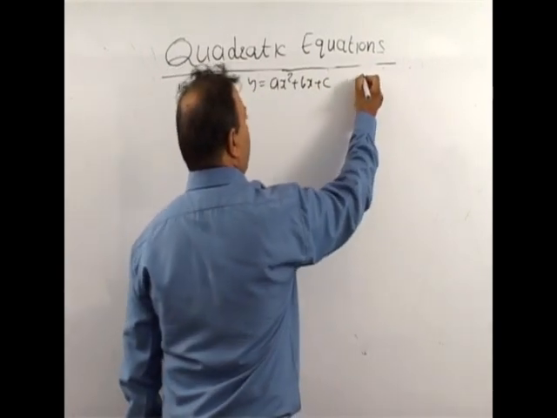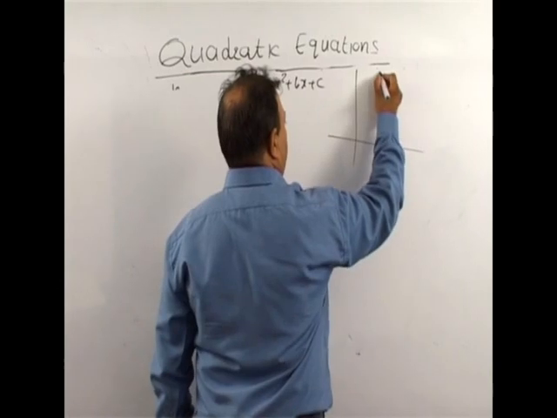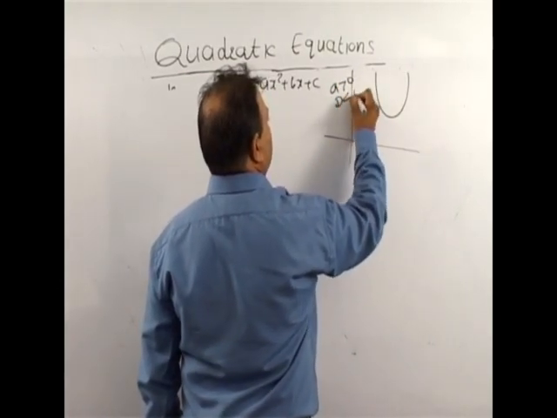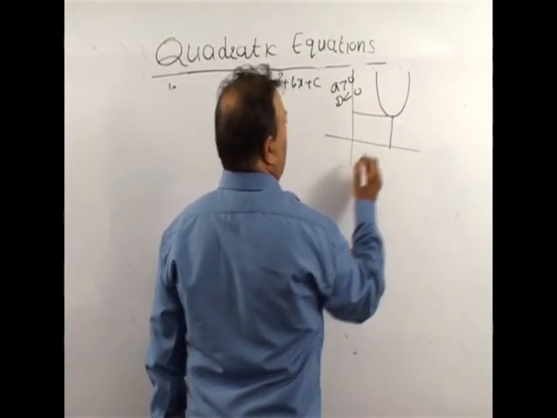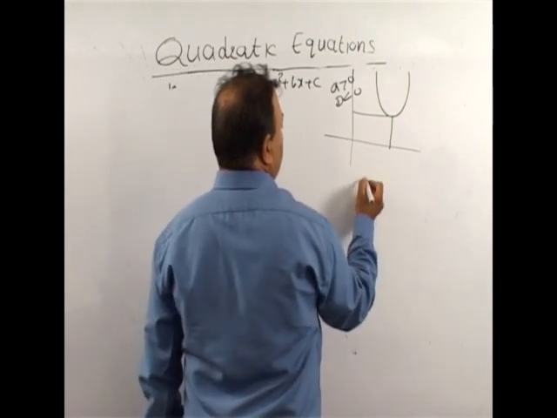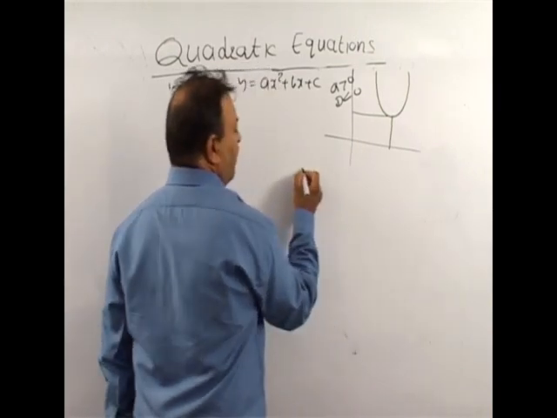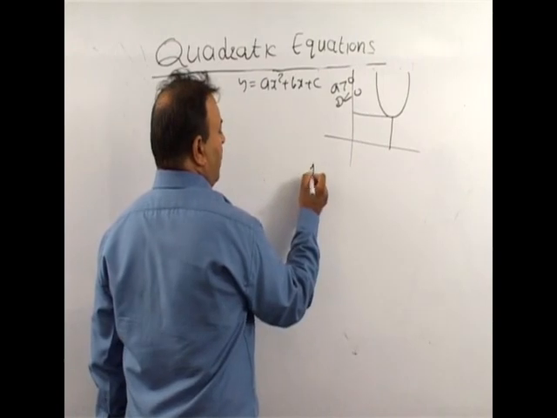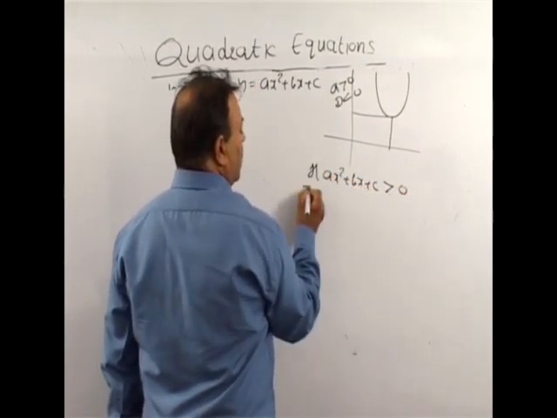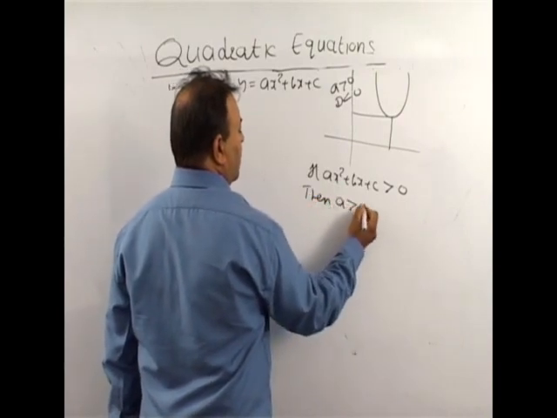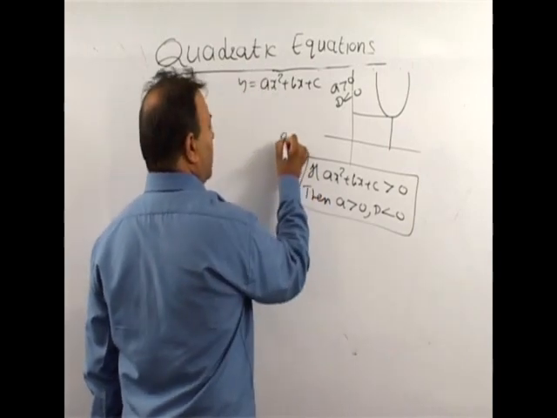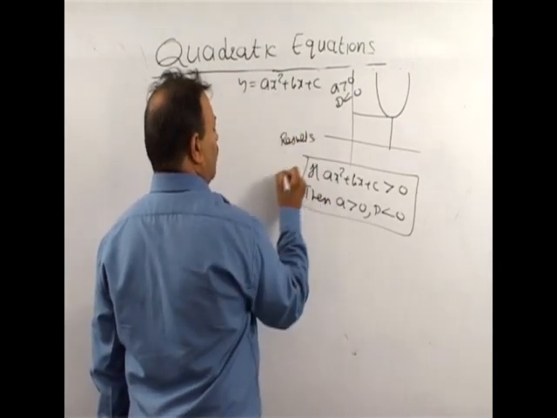And if we draw a graph in which we take the case a greater than 0 and d less than 0, in this case our whole curve will be above the x-axis, and the result we have proved is: if ax square plus bx plus c is greater than 0, then a will be greater than 0 and discriminant will be less than 0. This is result number 1, which we have proved earlier.